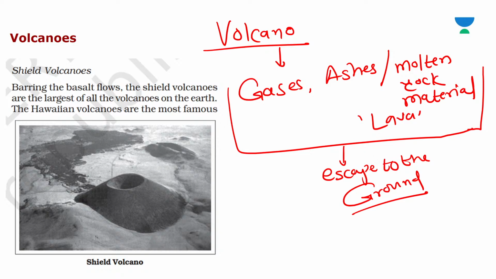A volcano is called an active volcano if the materials mentioned are being released or have been released in the recent past.